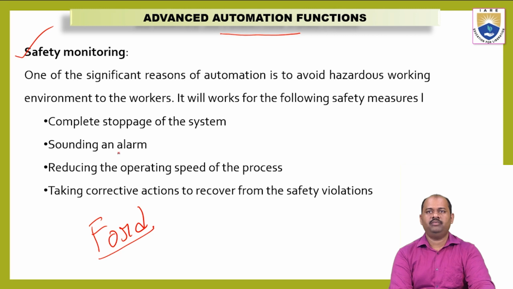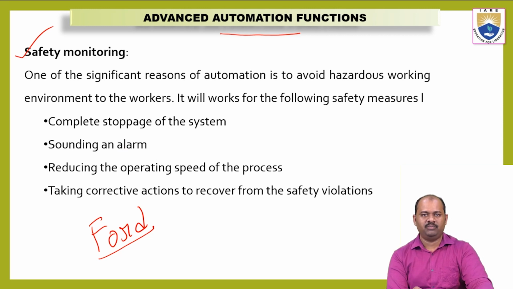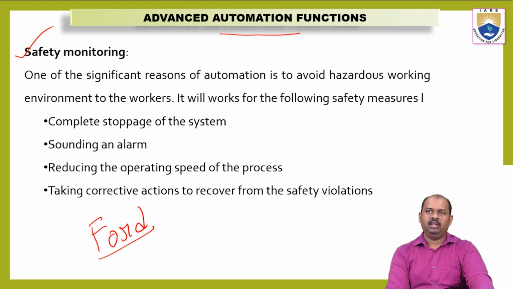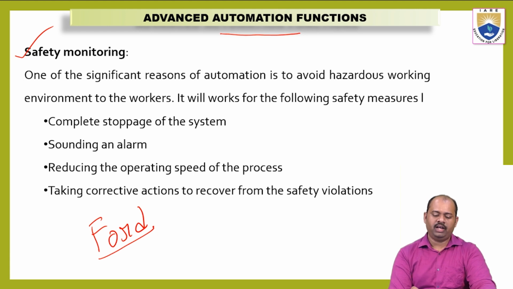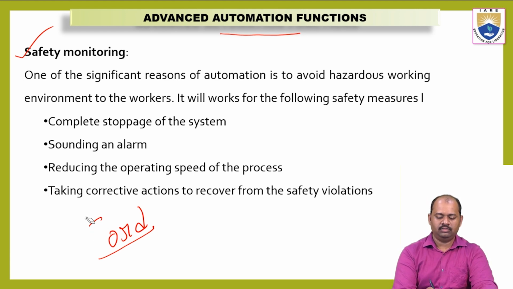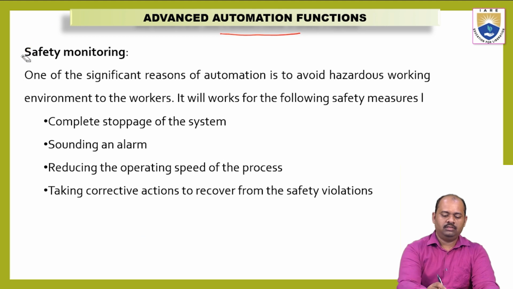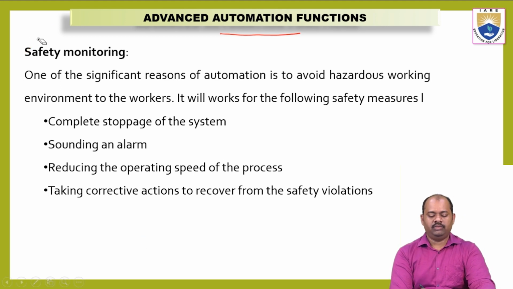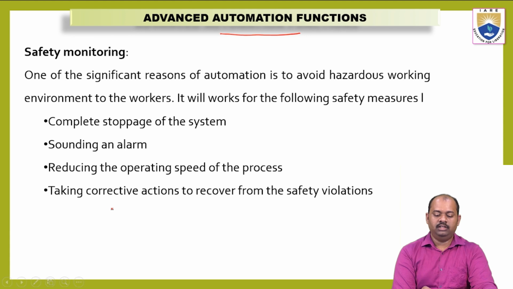See here, one of the significant reasons why automation is introduced into manufacturing systems is that it can avoid hazardous working environments for the workers. If I am working in a place where some hazardous environment is there, then this advanced automation system will let me know that this environment is very dangerous for human beings.